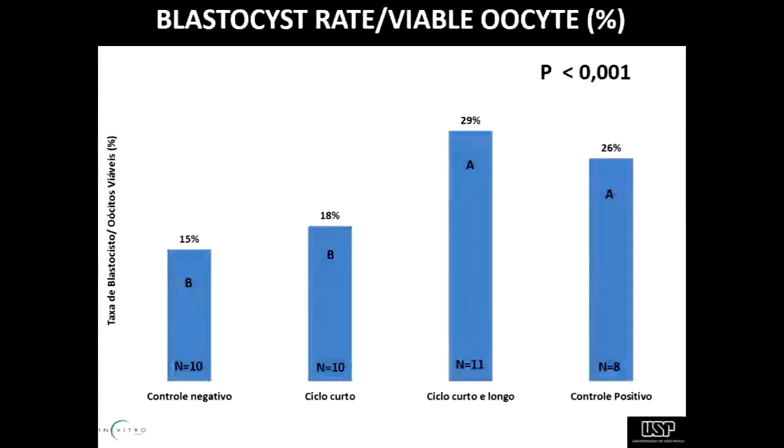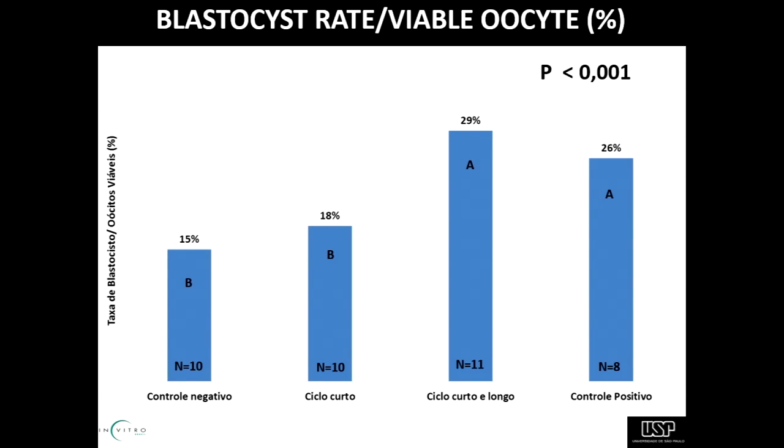We did it there at São Paulo University. Here we were surprised with the cows. This is blastocyst rate. Look that when we did no progesterone or a short progesterone prime, we have a lower blastocyst rate than when we expose the animal to progesterone before OPU.